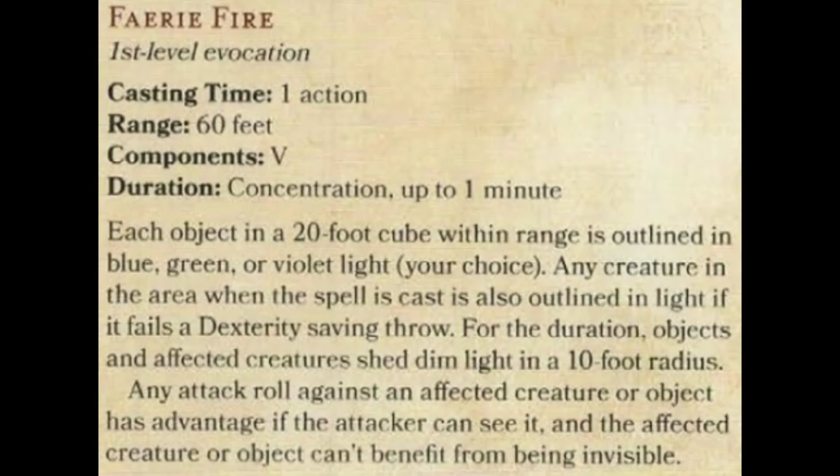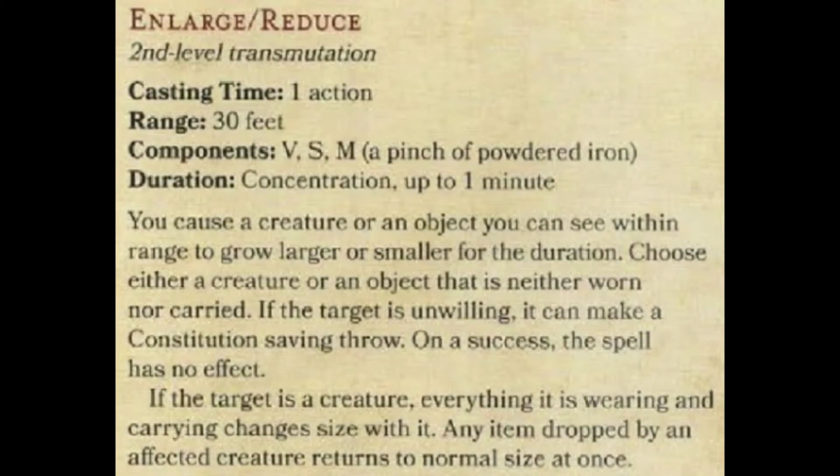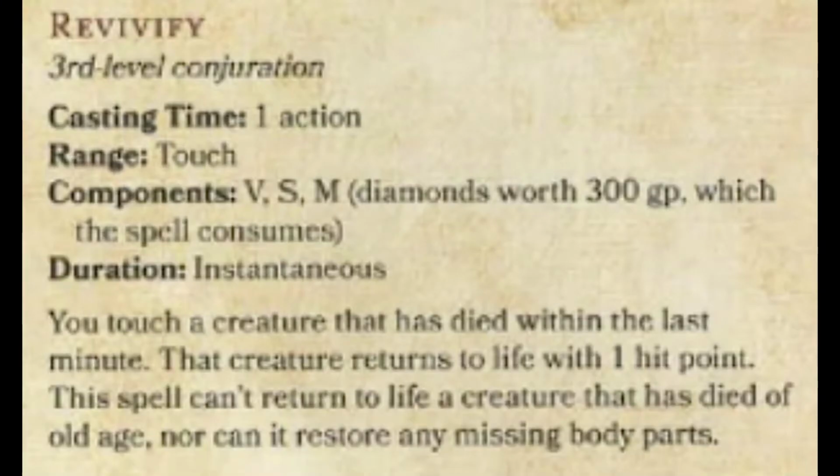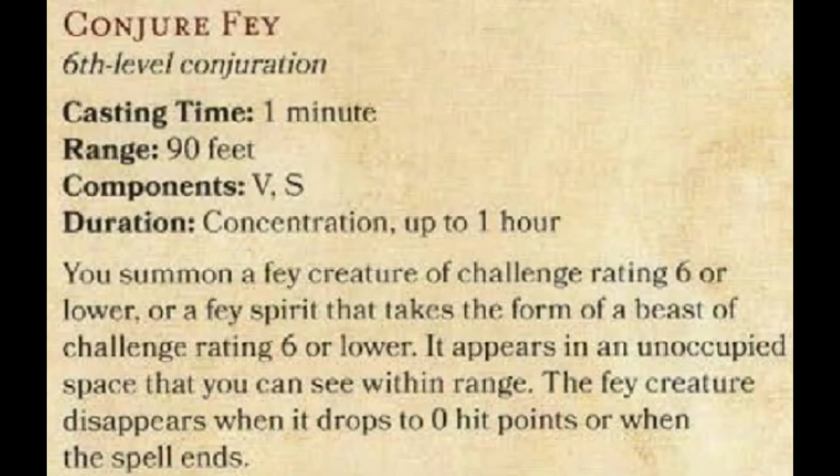I think his spell attack bonus would be 15, but that doesn't really matter because he doesn't really have any spell attacks. What I went with was, at will, Narrador can use Fairy Fire. And I was thinking once or twice a day for each of these following spells, Narrador can use: Enlarge Reduce, Moonbeam, Revivify, Conjure Fey, and Wall of Thorns.